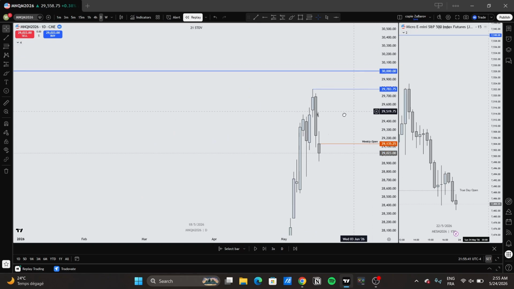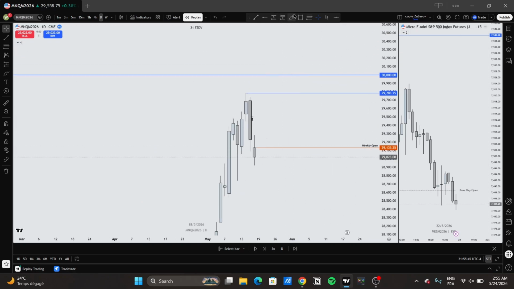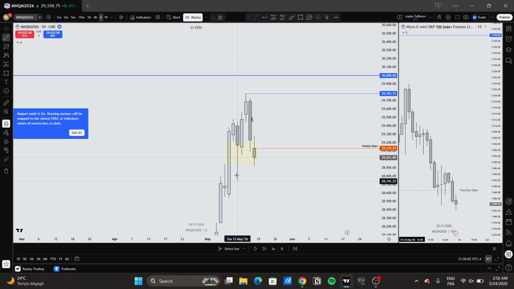Let me show you here. As you can see, we had this fair value gap where we tapped the first time on Tuesday 12 May, and then we came back to now and tapped the fair value gap again. This is the first time, second, third and fourth time.